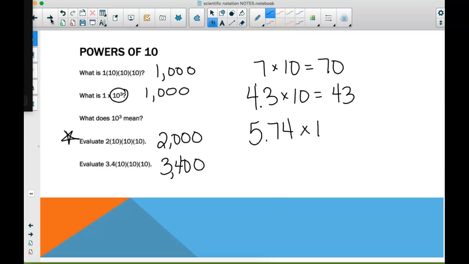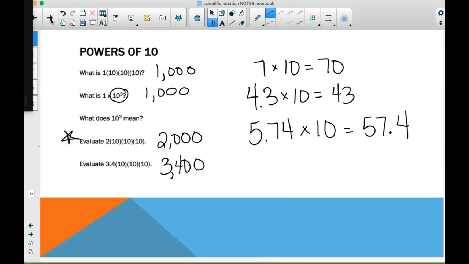Okay, so let me give you another number. 5.74 times 10 is 57.4. Everybody see what's happening when I multiply a number by 10? Somebody put it in the chat. You move the decimal over 1. Absolutely.